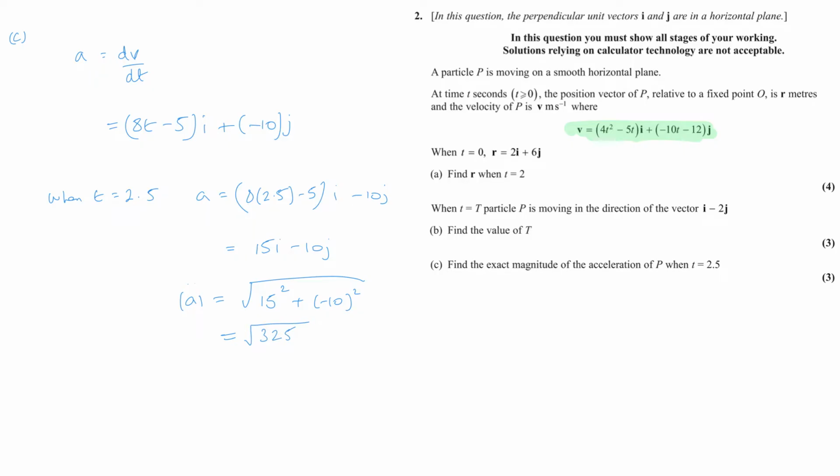Square root of 325 is 5 root 13, or 18.03 meters per second squared. Oh, it's the exact value. Forget that bottom bit. Meters per second squared. So it's 5 root 13.